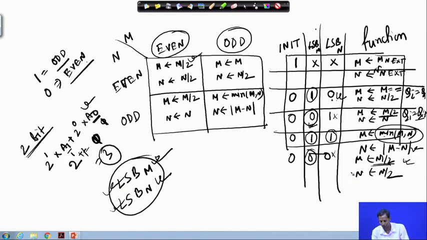The same thing happens for n. Whenever the LSB of m is 0, it does the same thing, n by 2. Whenever it is 1, this changes to the minimum of mod of m minus n, and for 0 that is n.